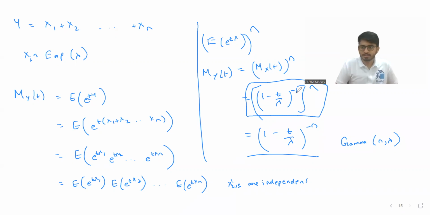You could derive it separately as well. Here I'm just using the result. It's there in the actuarial tables. And remember that x to the power a to the power b is nothing but x to the power ab. So there's a minus 1, there's an n, which basically simplifies to minus n.